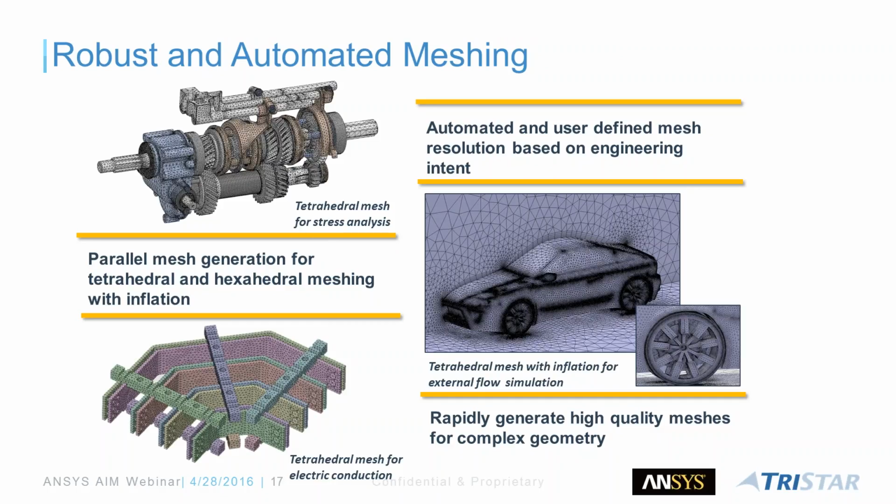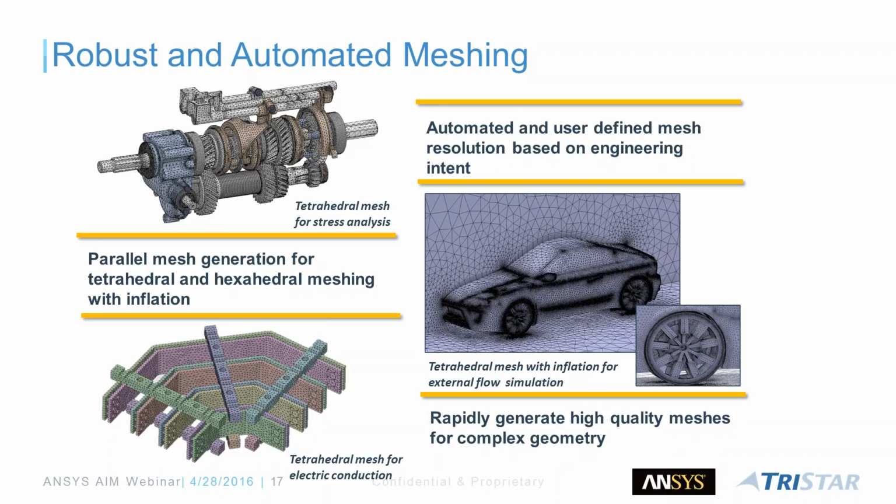So once you bring in the geometry, whether you import or use a CAD interface, the next step is the meshing, right? In order to do the analysis, obviously you need the mesh, and the meshing capability within AIM is what you have seen with ANSYS flagship products, whether it's Mechanical, CFD, Fluent, etc. Wherein you have tetrahedral and hexahedral meshing, including support for inflation.